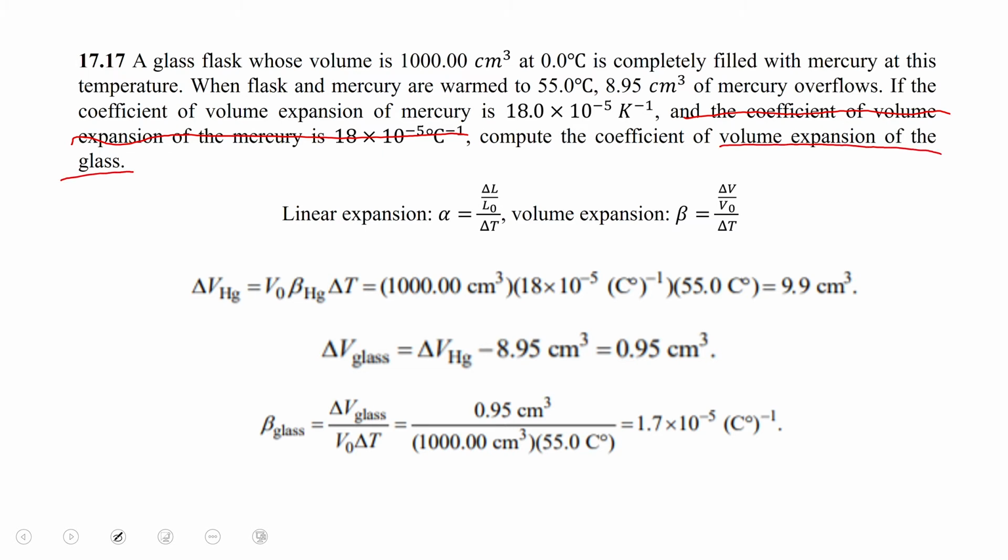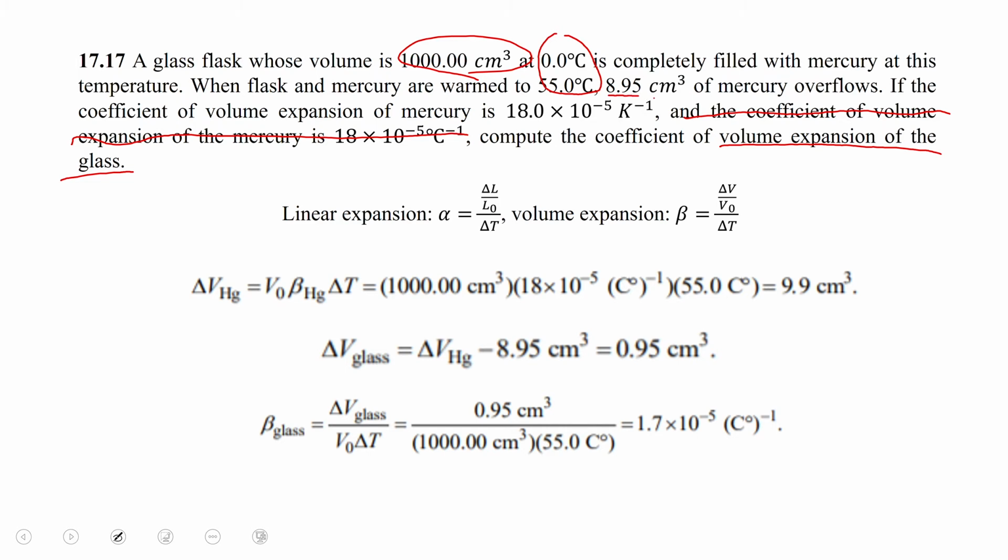Okay, so let me just clarify what we know so far. We know the initial volume of the flask and the initial volume of the mercury are both the same, and we know the change of temperature, 55 degrees, and we know some of the mercury overflows, leaked on the table.